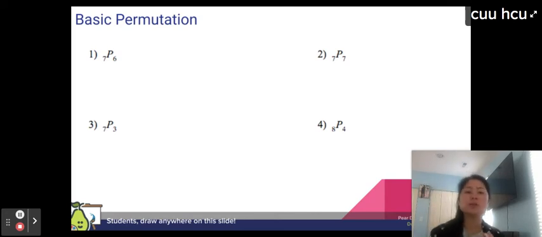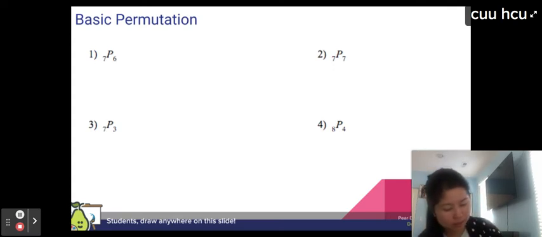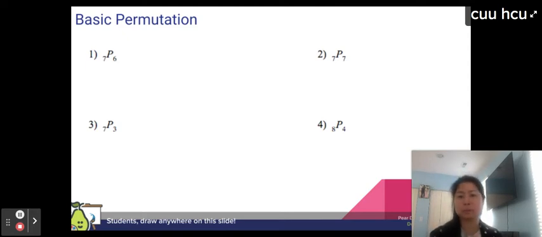Right now I'm going to show you step by step, and it seems like a lot, but once we get through this, it's not that bad. Just follow along. So that means I have 7 factorial over 1 factorial. Here is an option for you, and it's up to you, but this is what it looks like.